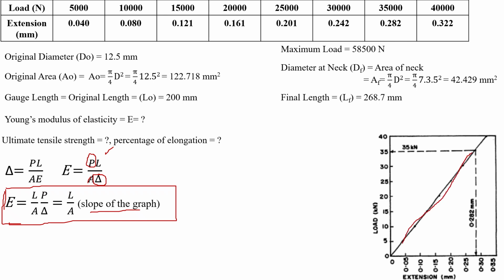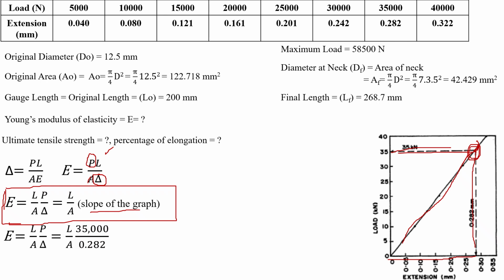So up to 35 kilonewton and 0.282 mm extension point, this point we call the proportionality limit point. Then the slope of the graph will be the load, 35 kilonewton, divided by extension, 0.282 mm. So E equal to L by A into 35 kilonewton divided by 0.282 mm.